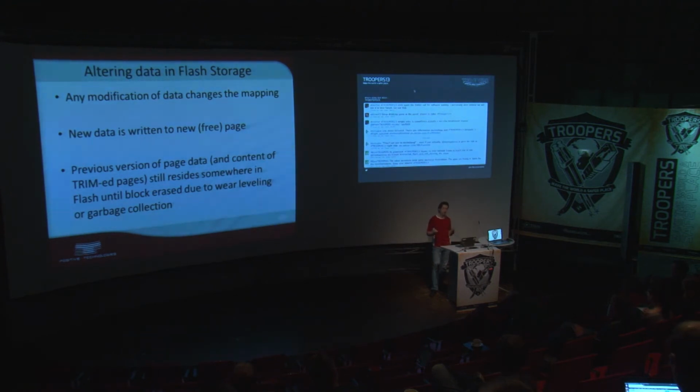It would probably be erased in the future by garbage collection algorithms or by remapping algorithms if you have a lack of free space and need to use an erased page again. And actually, in most cases, you can't predict when it happens. So you have no control over how to force the flash controller to erase some specific physical page that in the past contained sensitive data you want to erase.